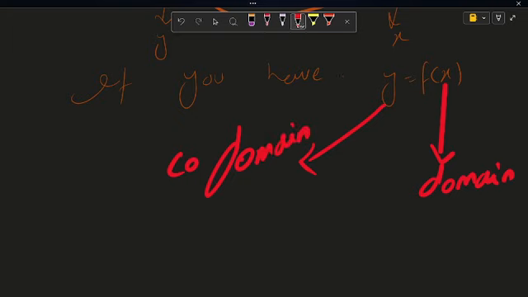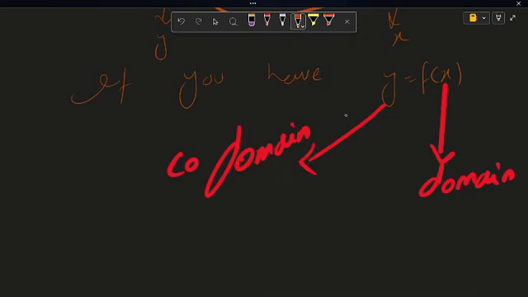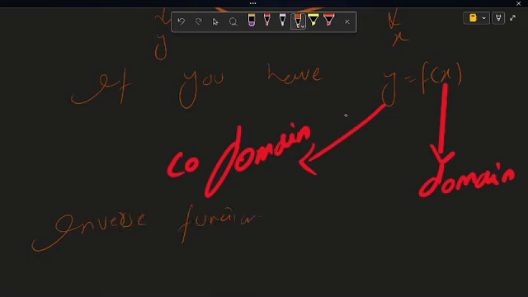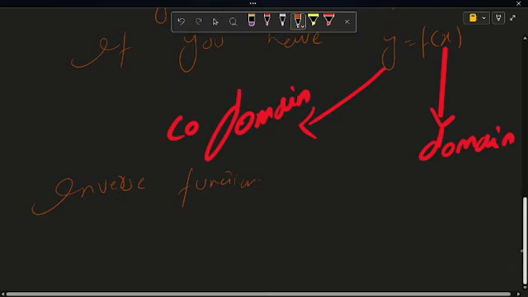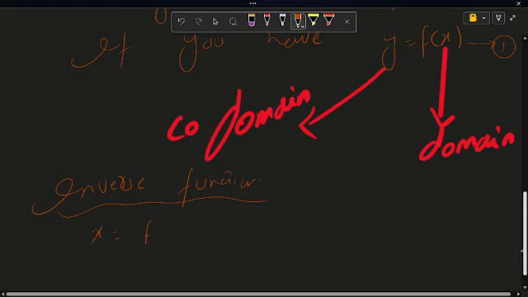But if you want to swap the values, for example, you want to find the inverse function, what happens now? For the inverse function, you want to make x the subject of this equation that was marked as equation number 1. When you subject it as x, that gives you x is equal to f inverse of y.